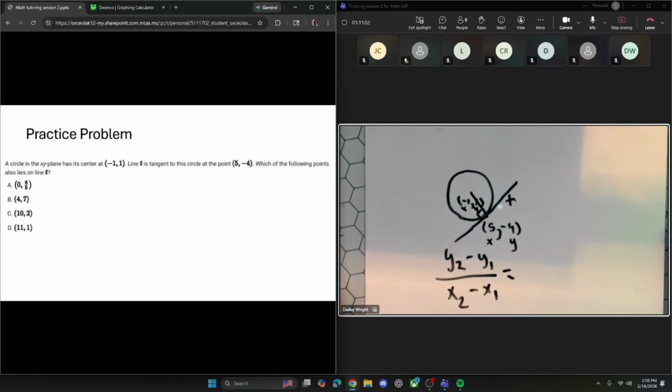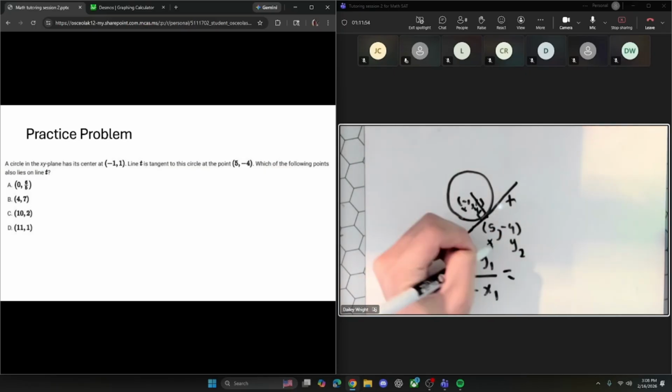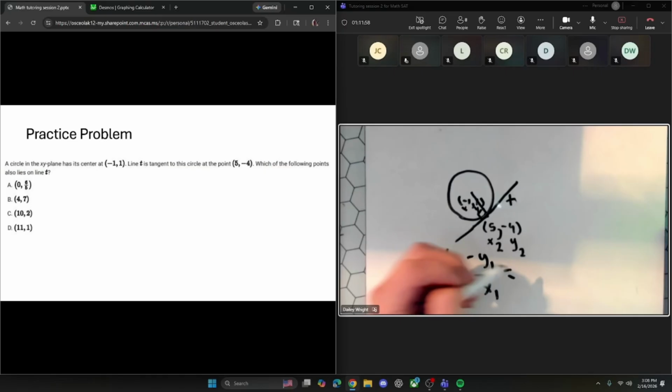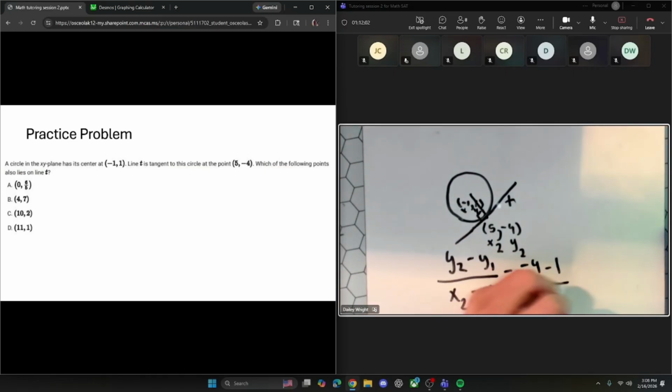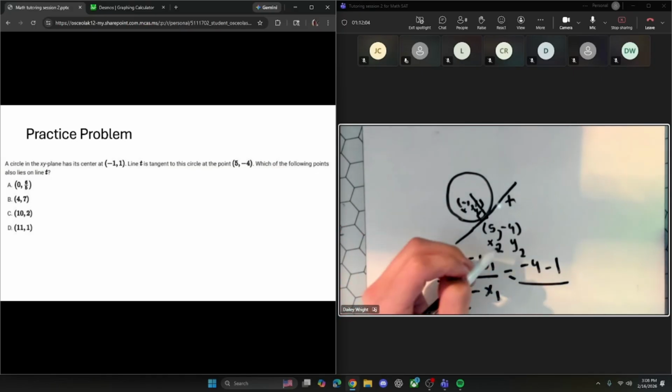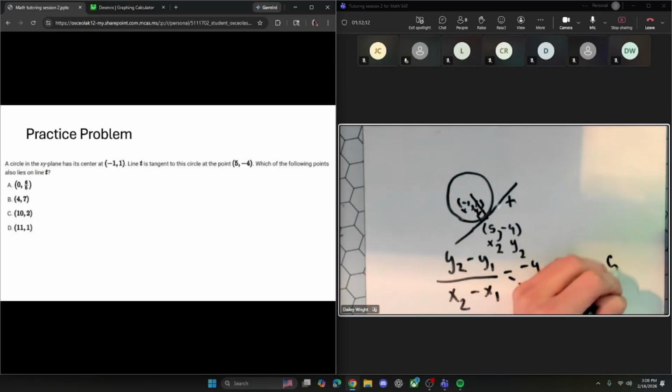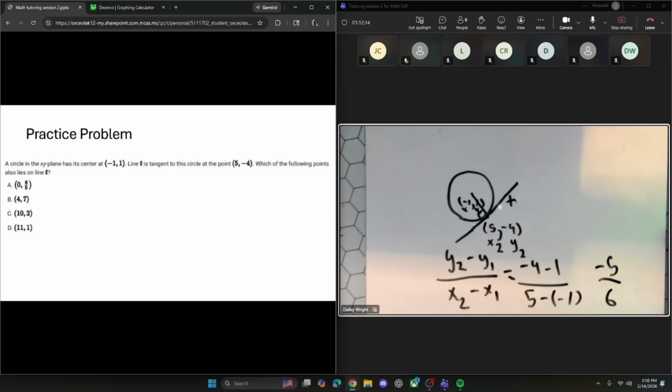This equation is the slope. We set this one to y2 since these are the bigger numbers. So negative 4 minus 1 over 5 minus negative 1. This would be negative 5, this would be 6. So your slope to that line is negative 5 over 6.